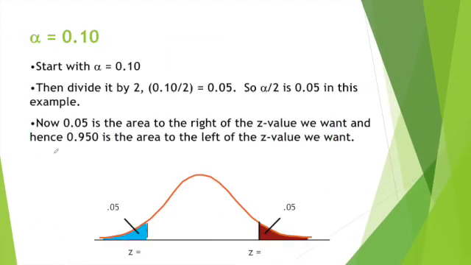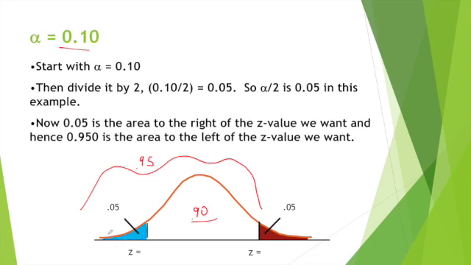So again, we start with alpha. We divide that by 2, okay? So we have 0.05 over here, and then our area to the left of our second z-value is 0.95. But the area in here is 0.90, right? Because this is our 90% confidence interval.